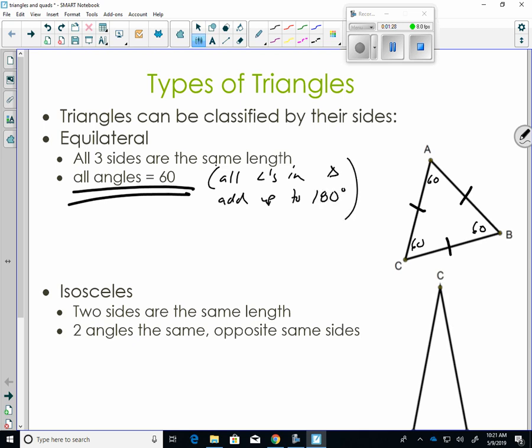So that's kind of a rule that you're going to need to know. Okay? Equilateral means all sides the same.